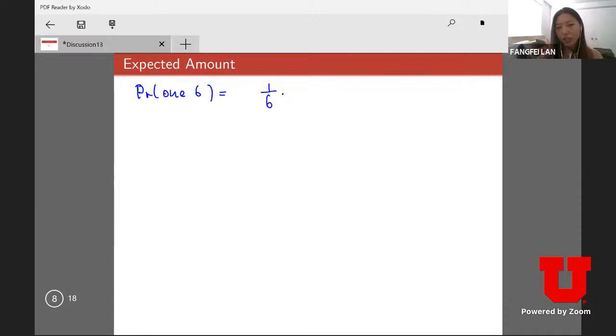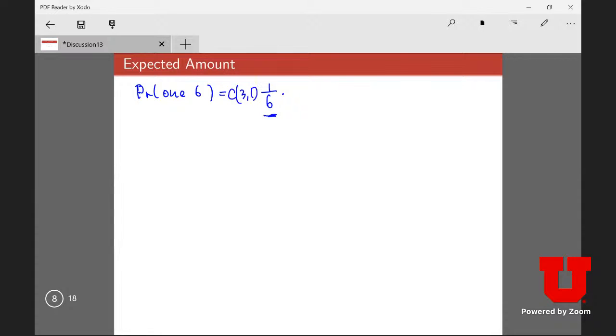Think about it. The first roll is a 6, and then for the second and third rolls you need to roll something else. So choose 3 from 1 times 1/6 times 5/6 squared. Yep, that's exactly right.